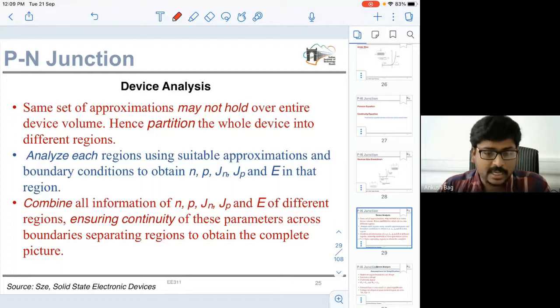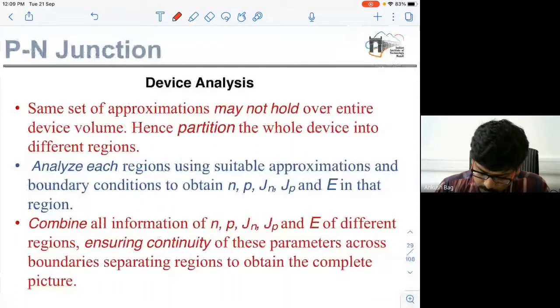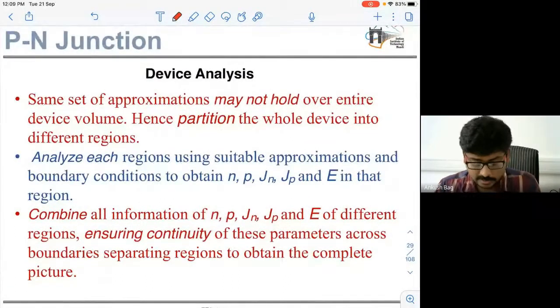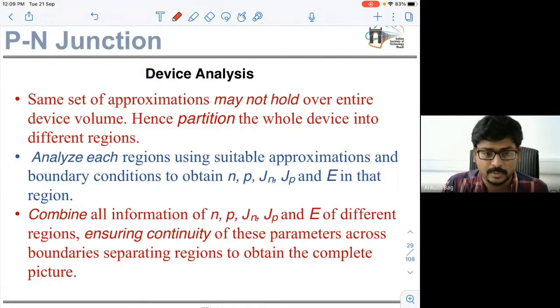So again, I'll explain what approximations we'll use in the detailed mathematical derivation for the p-n junction. For this device analysis, we'll see that the same set of approximations may not hold over the entire device volume.